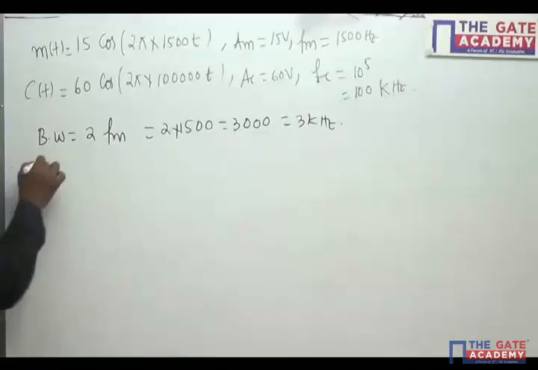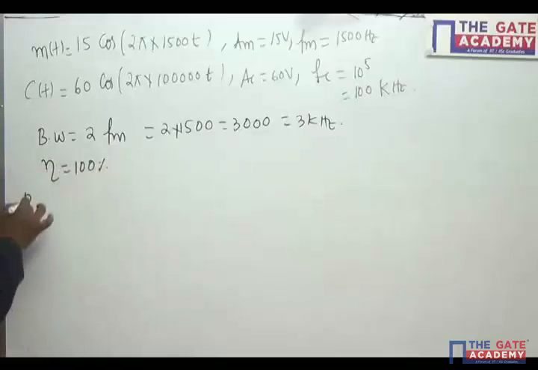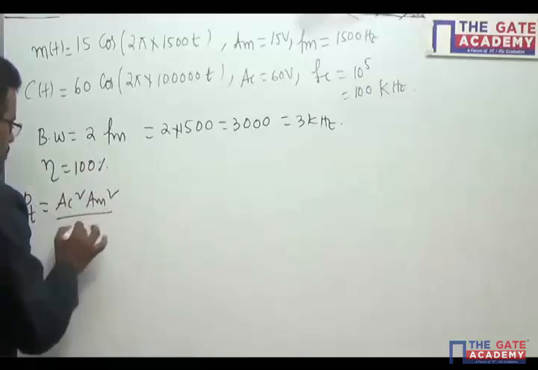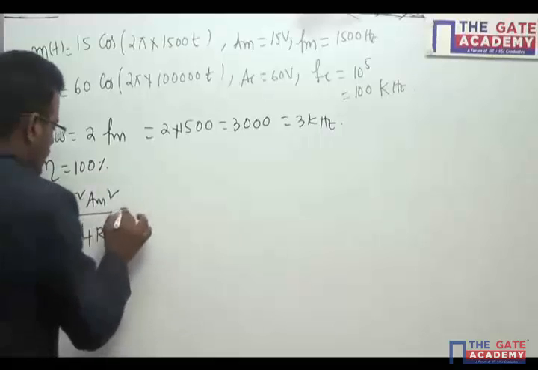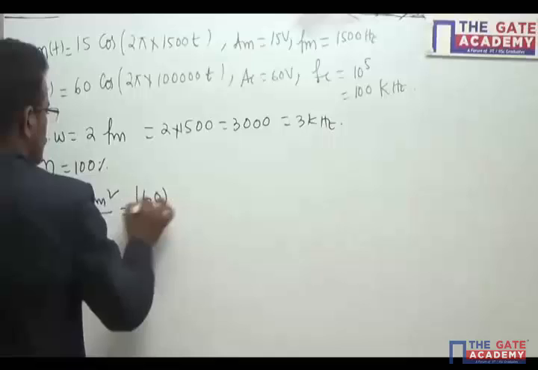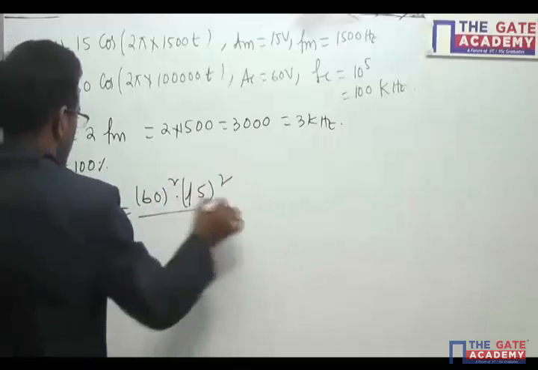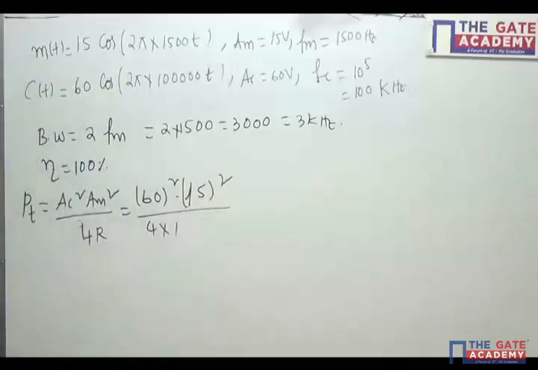Of course, we already know efficiency is 100%. Next, the total power requirement: Ac square Am square by 4R. Ac value given is 60 whole squared, Am value 15 whole squared, divided by 4 into R. R value is not given, so take 1 ohm, the normalized value, and calculate.